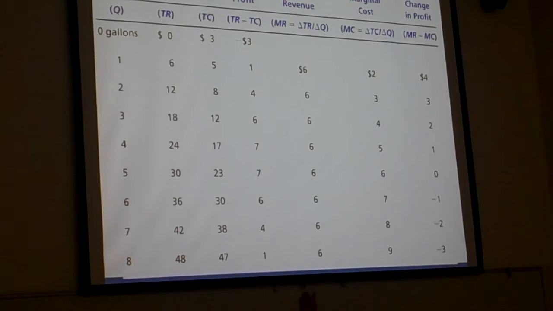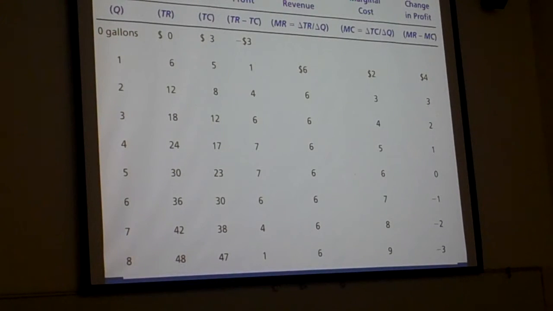Marginal cost, as you make and sell more units, the marginal cost curve is increasing at an increasing rate. As you make another unit, the marginal cost curve is going up. Why is that happening?